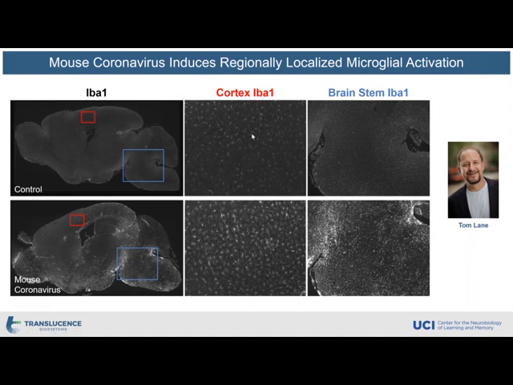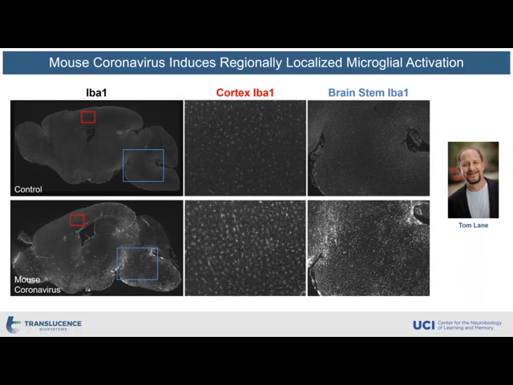So in the cortex, in control, you can see that there is less signal in the areas between the cells, but this is enhanced in the mouse coronavirus infected animals. And when we look in the brainstem of the control animals, there's fewer cells than we can see in the brainstem of the coronavirus treated mice.